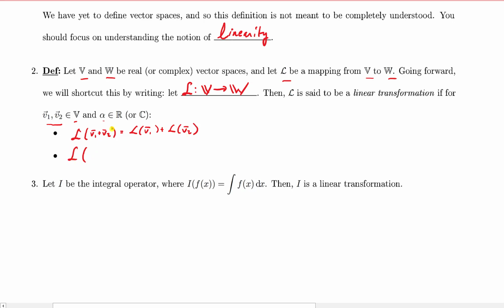Similarly, L of that abstract constant, in this case alpha, times V1 can be written as alpha times the linear transformation of V1. This is saying that linear transformations distribute over sums.